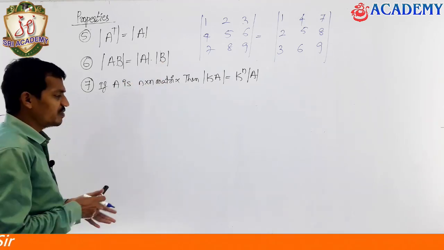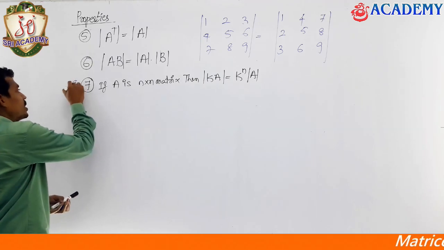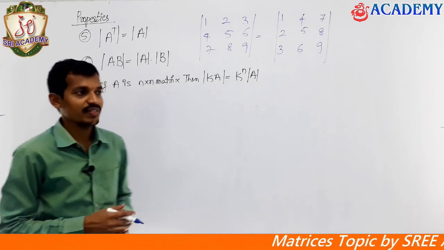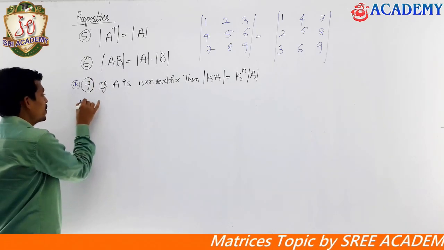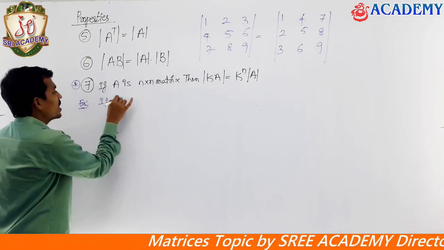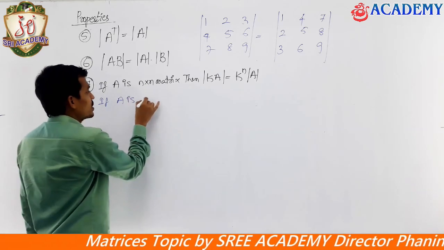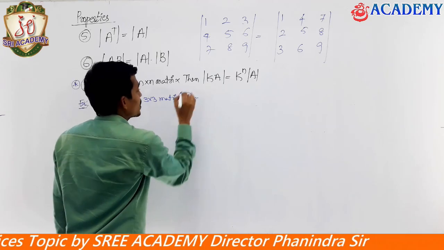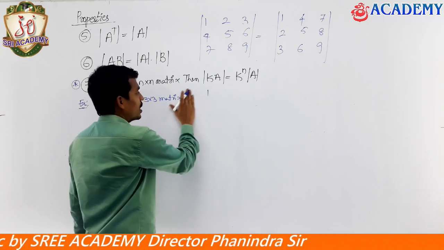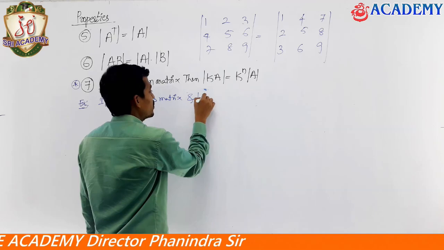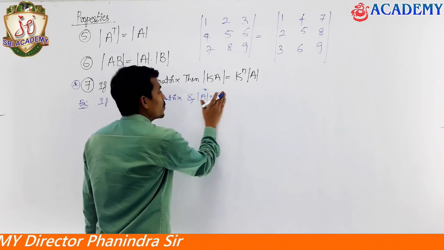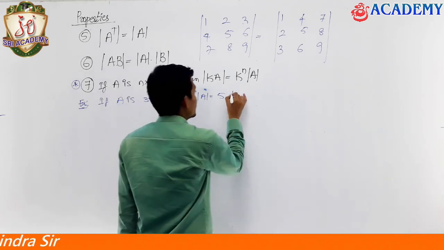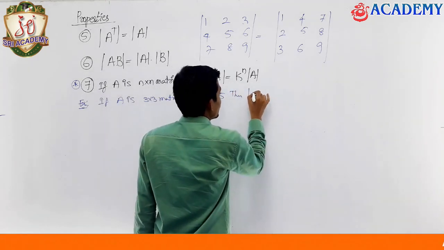A very important property is that the determinant of KA equals K power n into the determinant of A. Let me give an example. If A is a 3 by 3 matrix and the determinant of A equals 5, then what is the determinant of 4A?